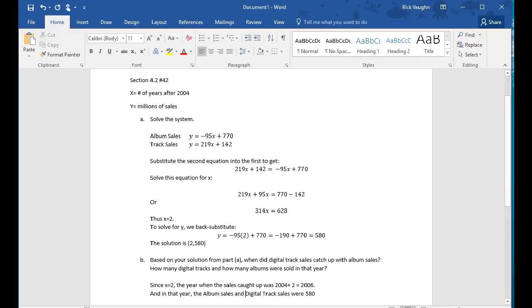So we're going to say album sales and digital track sales were 580 million. And you can write that out as a number with all the zeros if you want, but that's pretty much it. So this is our problem from Section 4.2, problem 42.